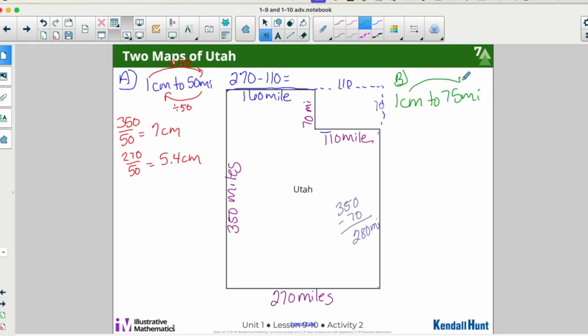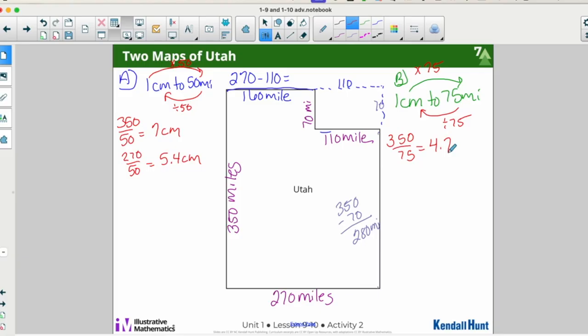Well, again, to go from centimeters to miles, we're going to multiply by 75. So to go backwards, we have to divide by 75. Now in this case, we're going to have to round because I can't be more accurate than to the nearest tenth of a centimeter.